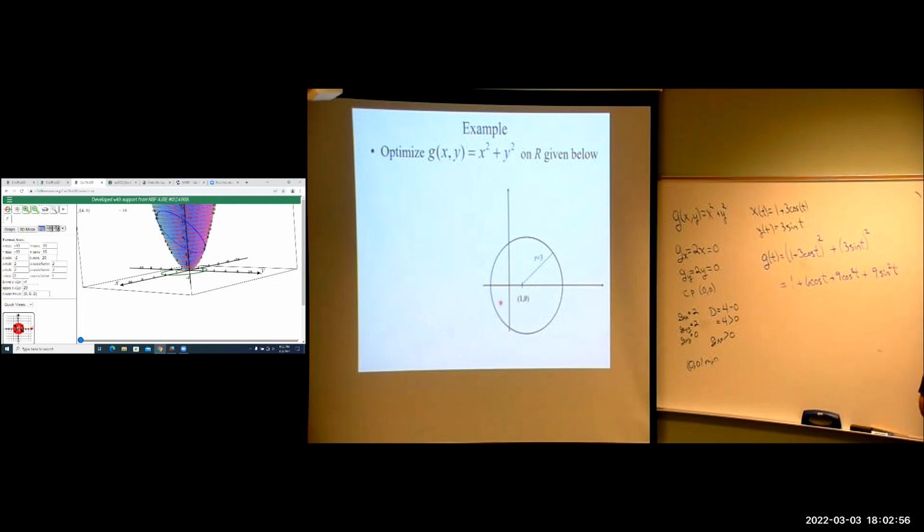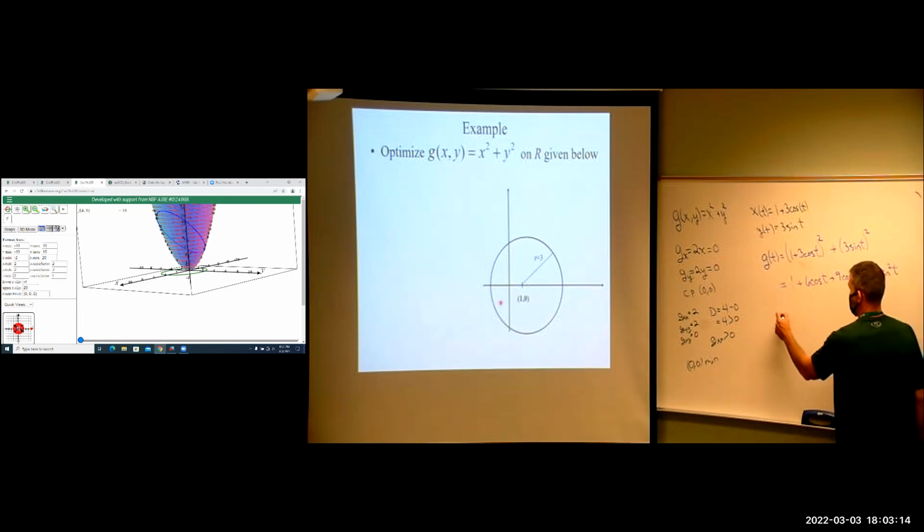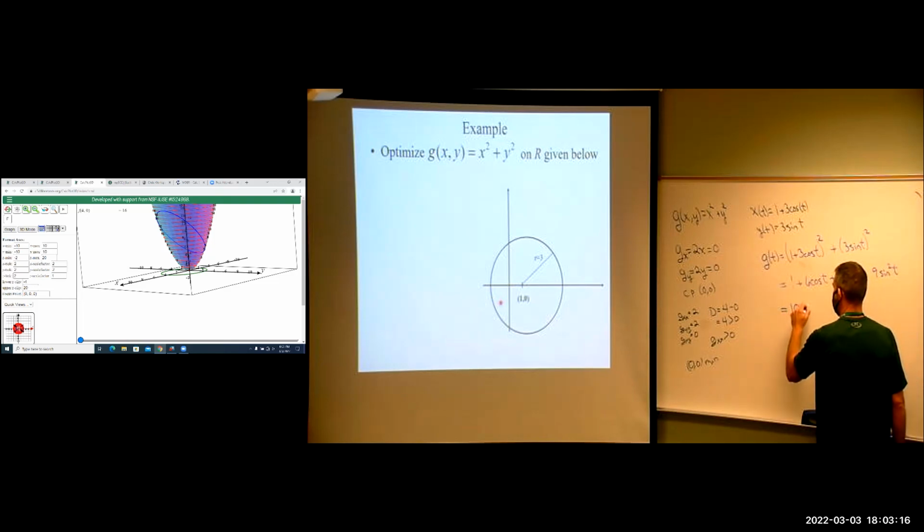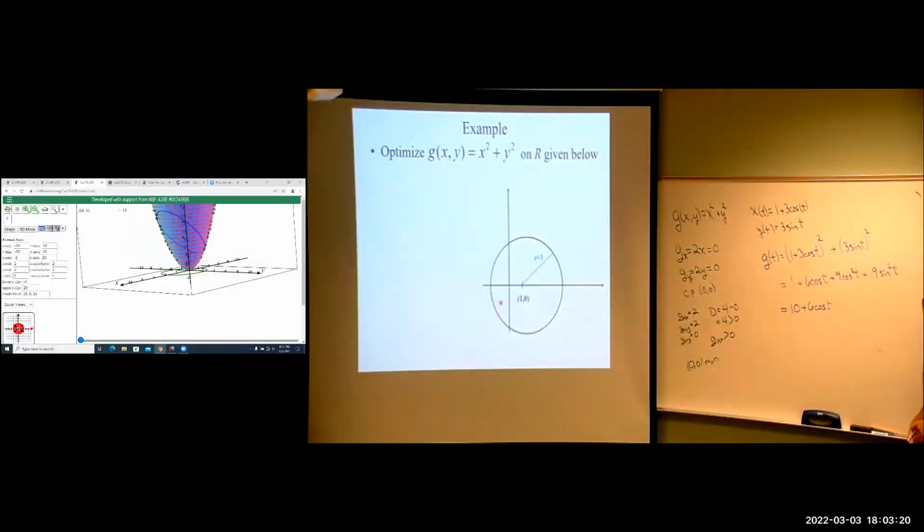Guys, this is now a single variable calculus problem because we just have a function in terms of t. And we've got a Pythagorean identity here. So 9 cosine squared plus 9 sine squared is just 9. So that's 10 plus 6 cosine of t. And we're looking for the max and min here. So again, we're in single variable calculus.